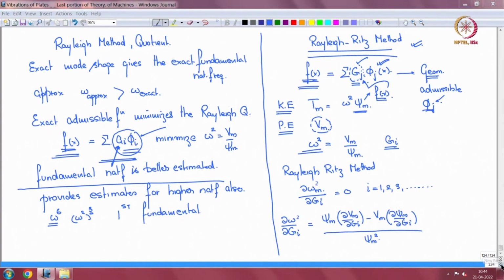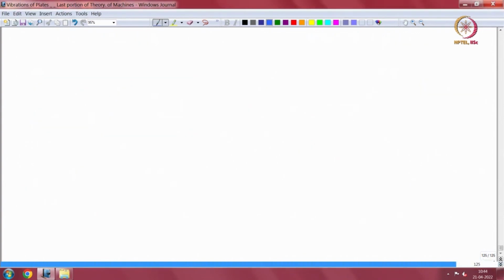We simplify this, and we get del omega square by del g i is equal to psi m del Vm by del g i by psi m squared, minus Vm by psi m squared del psi m by del g i, that is equal to 0.